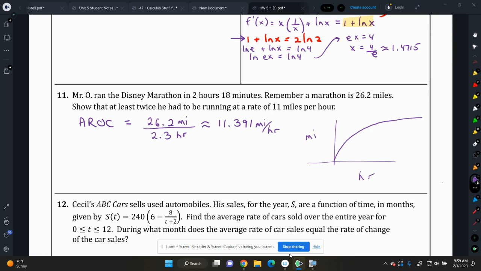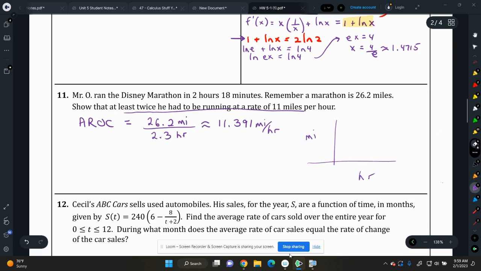This says we have at least 2 points where he's running at 11 miles per hour. So here's my 11.391, that's my average. It says I'm doing something like that, where I've got 2 times where I'm running at 11 miles per hour.